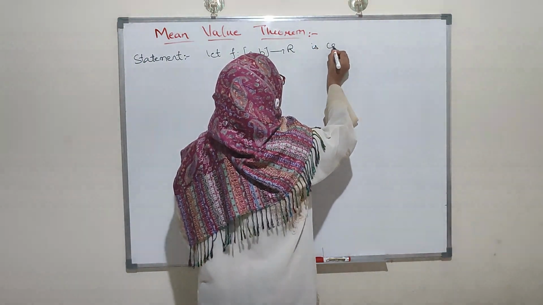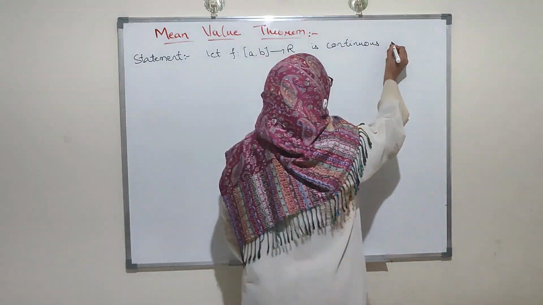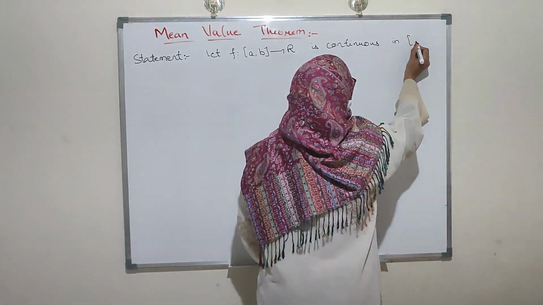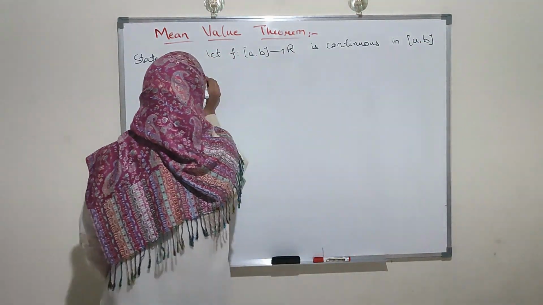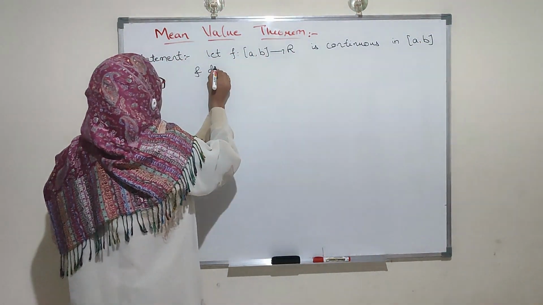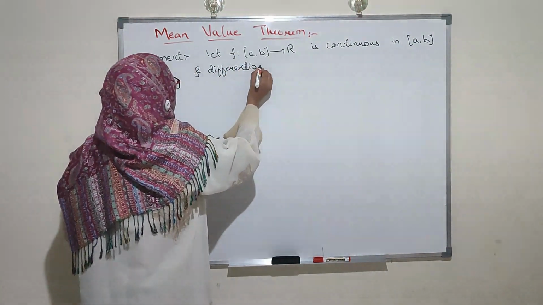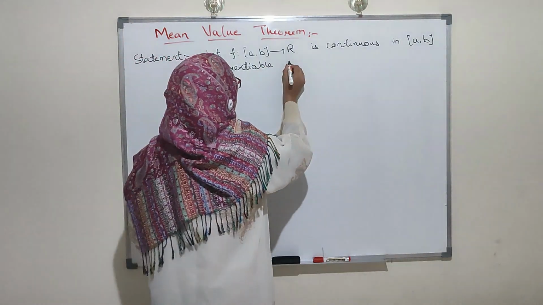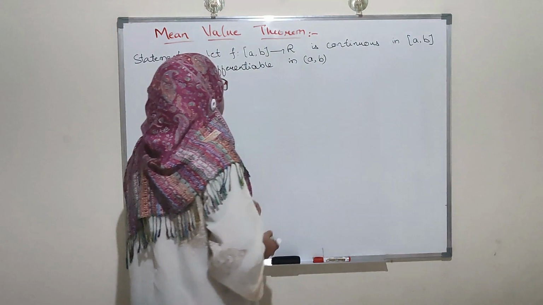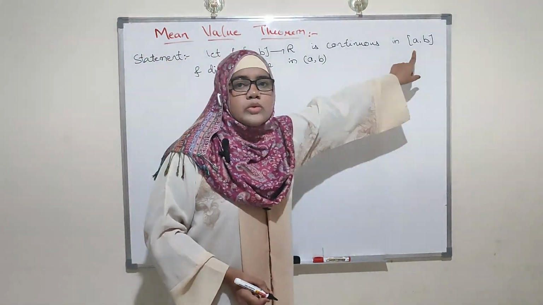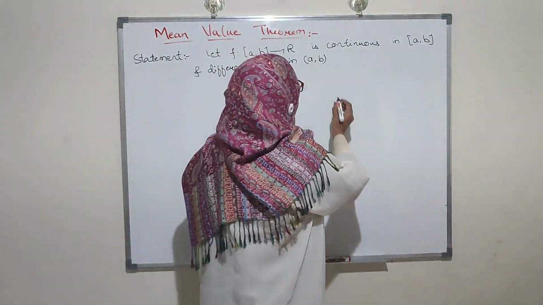is continuous in the closed interval [a, b] and differentiable in the open interval (a, b). This function is continuous in the closed interval ab and differentiable in the open interval ab.